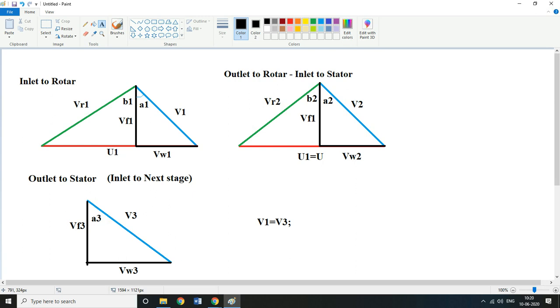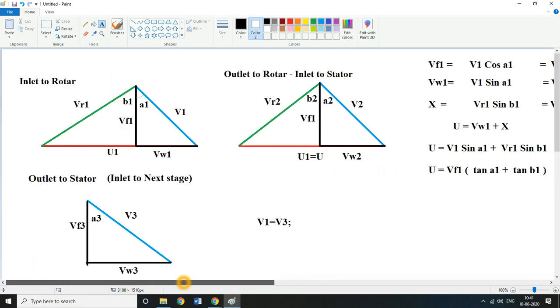Say for example, if I have to say what is cos alpha 1, if you take this, cos alpha 1 is equal to adjacent by hypotenuse. So adjacent here is VF1 by hypotenuse V1. Similarly you just correlate all of it, and I'll draw all of it and then explain if anything is assumed or how we have got it.